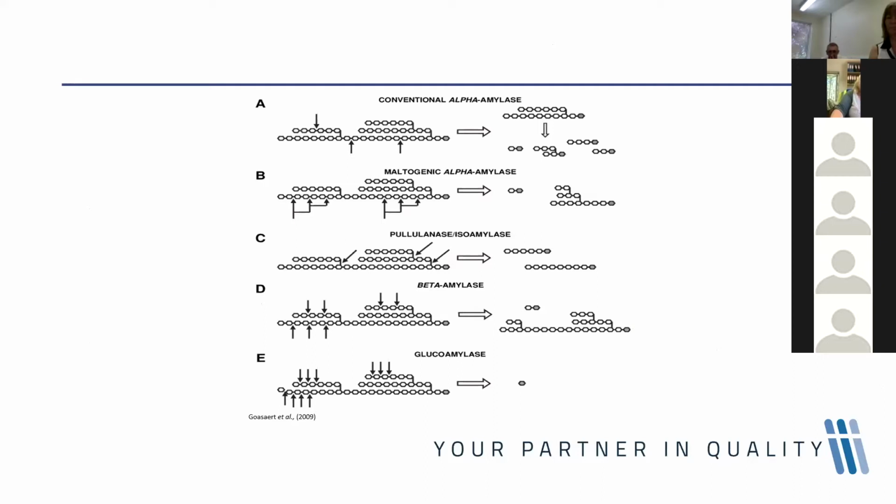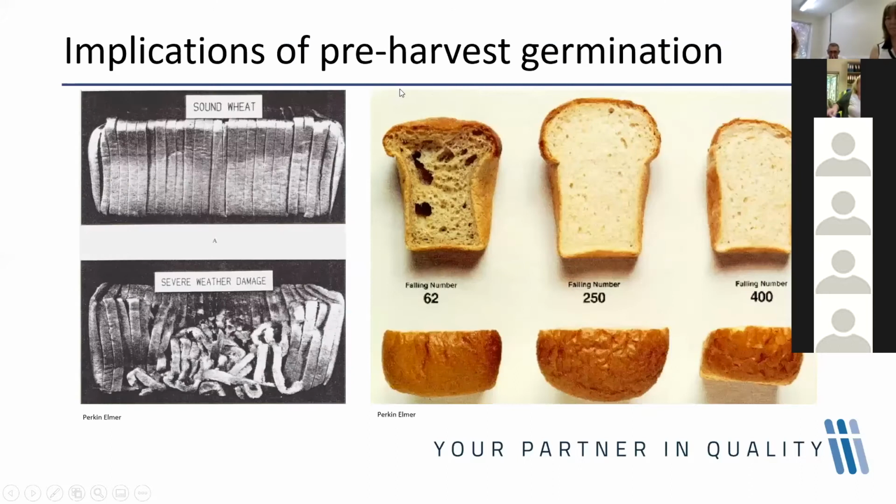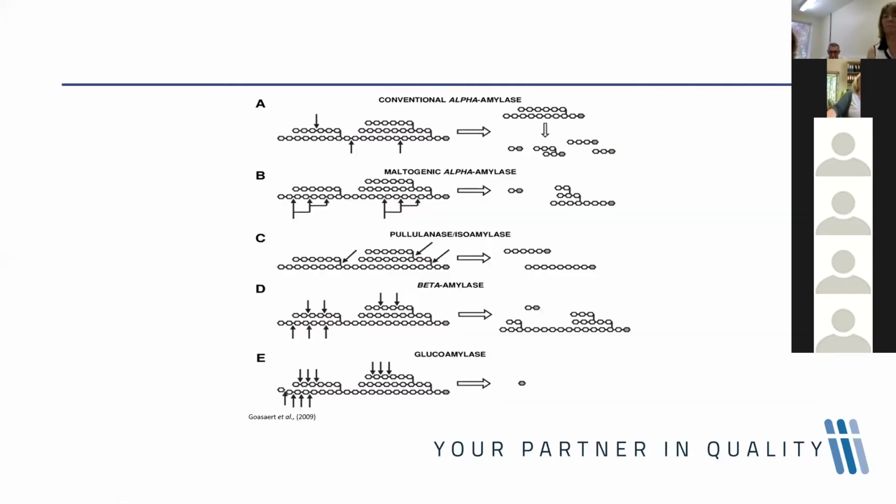So, with the focus mainly being on alpha amylase, your alpha amylase is a hydrolytic enzyme which is involved in the breakdown of starch. And there are a number of different alpha amylases, as well as other amylases, which contribute to the breakdown of starch within the endosperm.